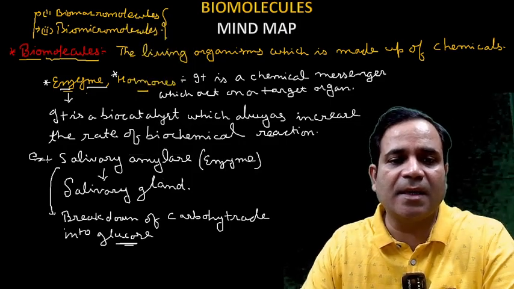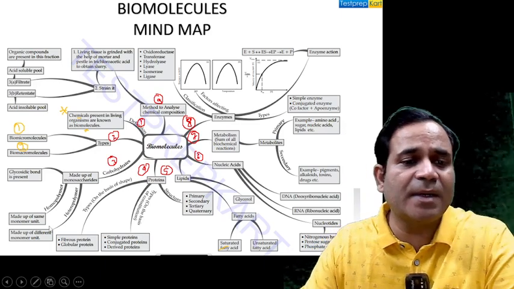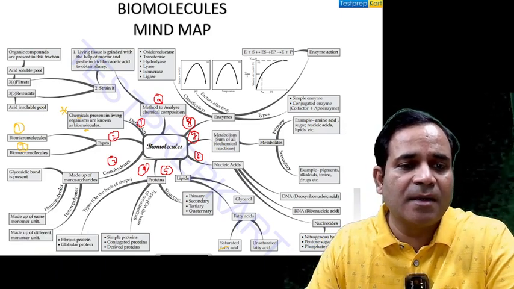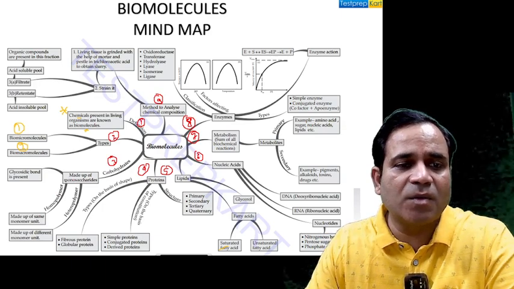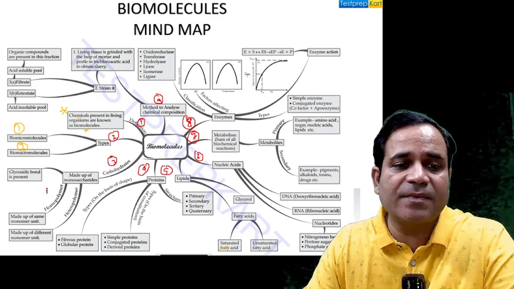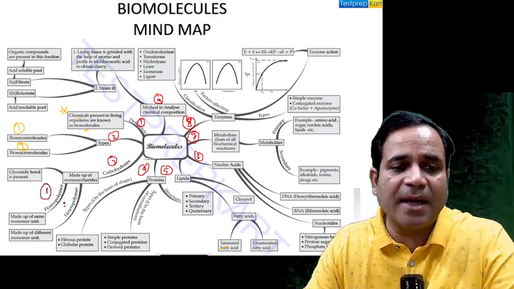Let us see this one here. This one is the point here. That is made up of monosaccharides. Mono means what? Single. So this one is further classified into two: homopolymer, and the second one is what? Heteropolymer.